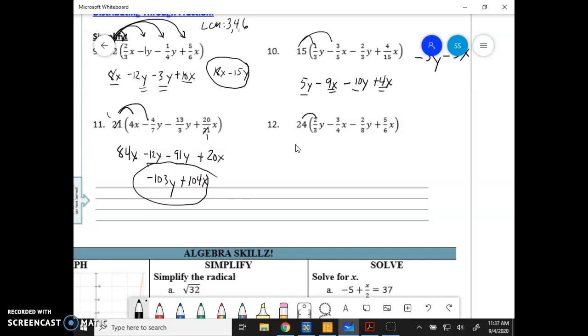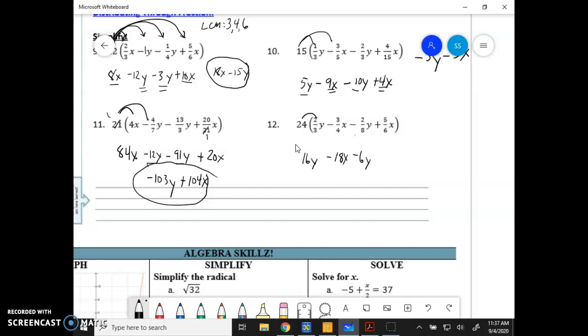So again, this is 24 times 2 divided by 3, 16. 24 times 3 divided by 4, 18. Drop down the negative. Drop down the x. 24 times 2 divided by 8, we get 6. Don't forget to drop down this negative.